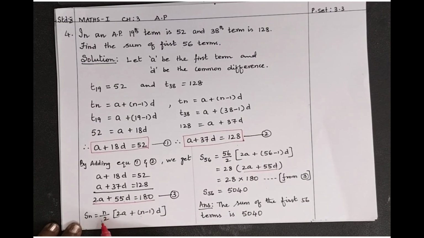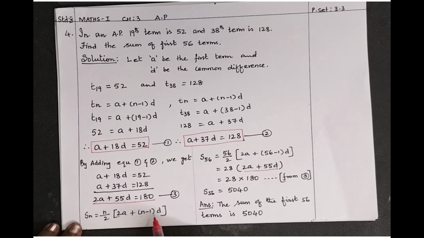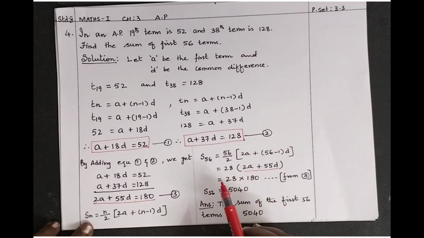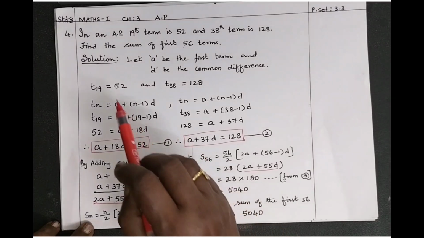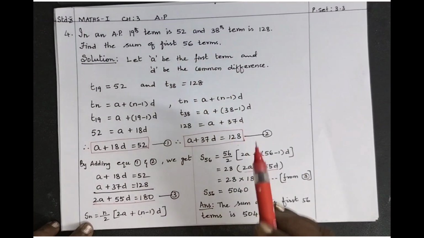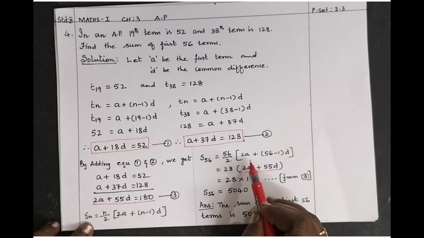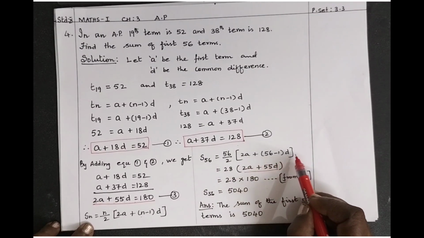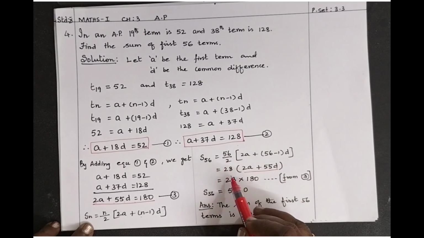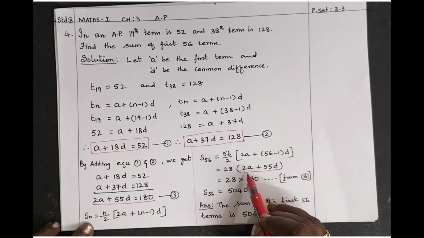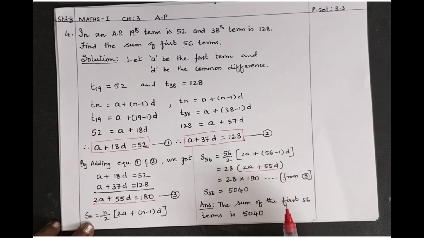Sn equals n upon 2 into 2A plus n minus 1 into D.